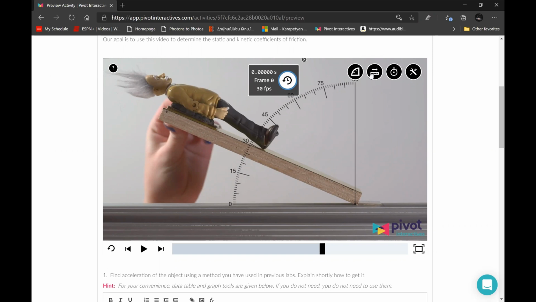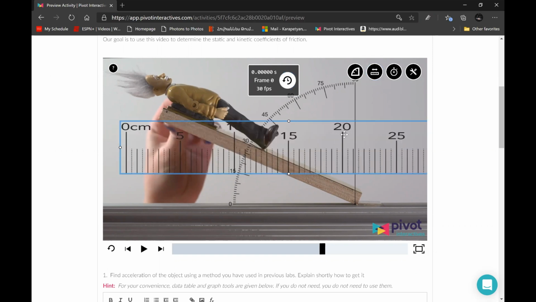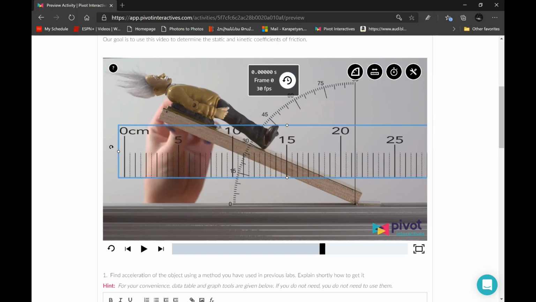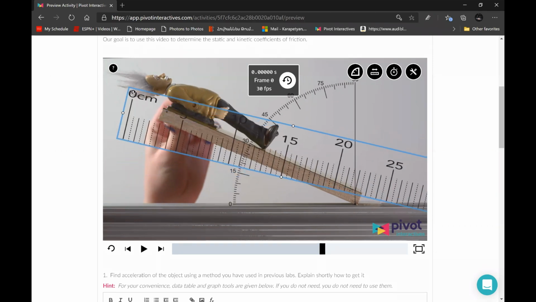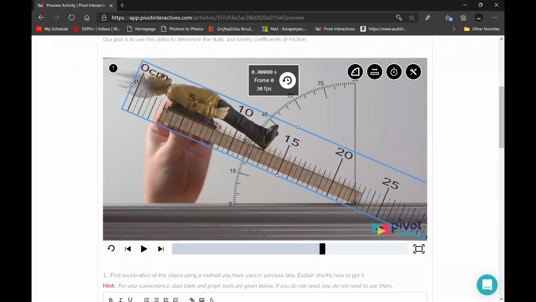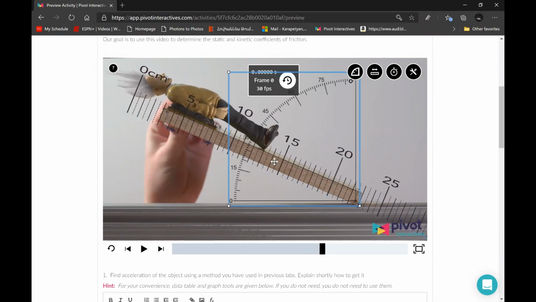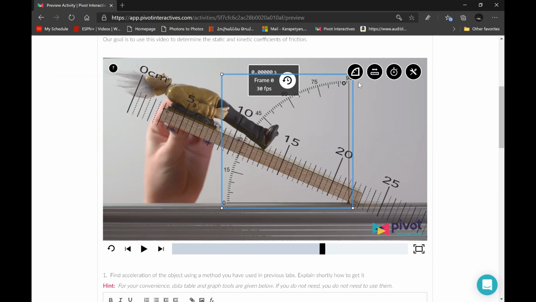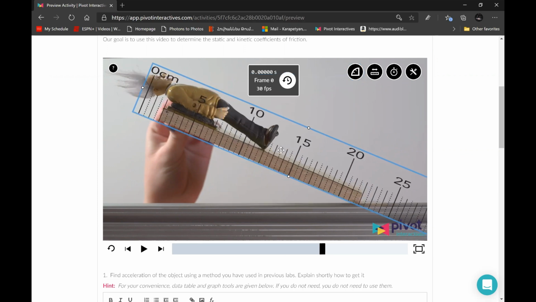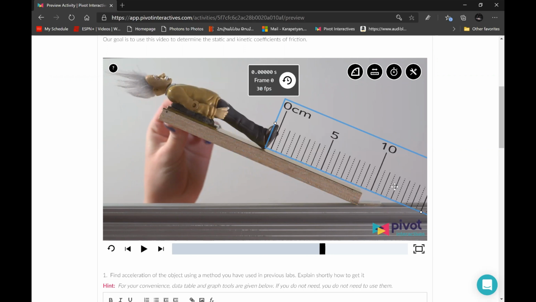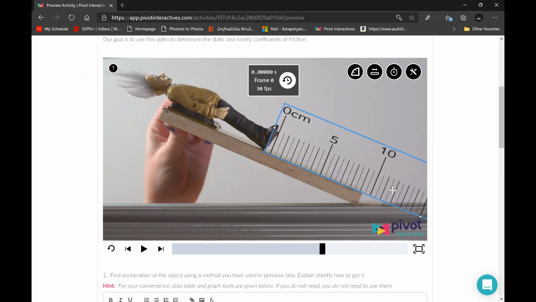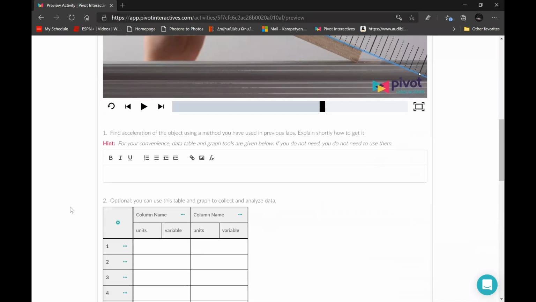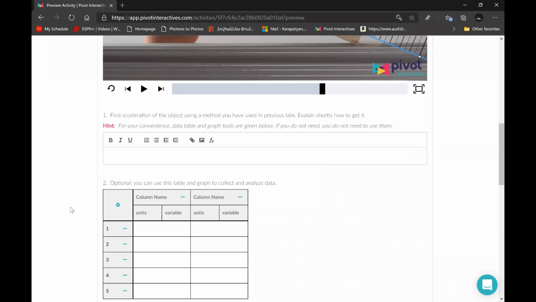Reset, take the ruler, and change its orientation so it matches the incline angle. Technically I don't need this anymore. One thing you can do is start with the feet, and you will then be at the bottom measuring those two measurements.